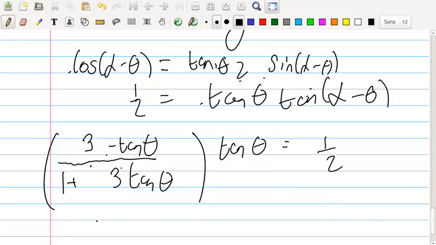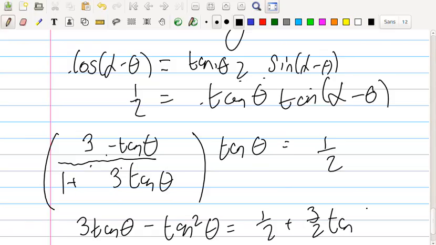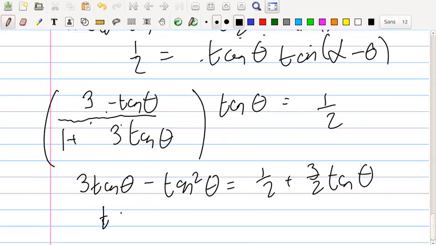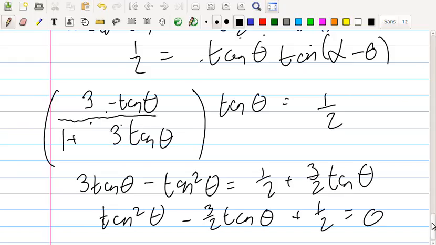So I would get 3 tan theta minus tan squared theta equals a half plus 3 over 2 tan theta, because I'm just multiplying the tan and bringing that up to the right. So I get tan squared theta minus 3 over 2 tan theta plus a half equals 0.